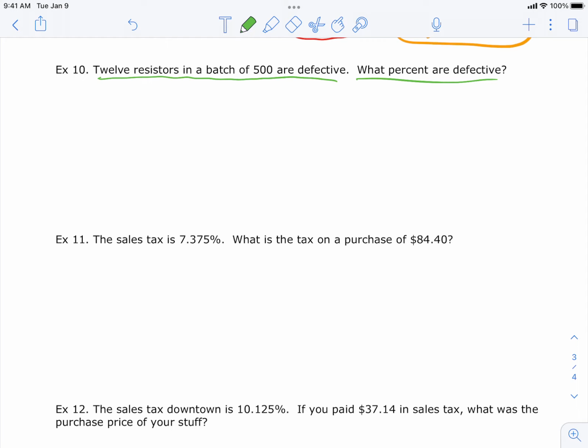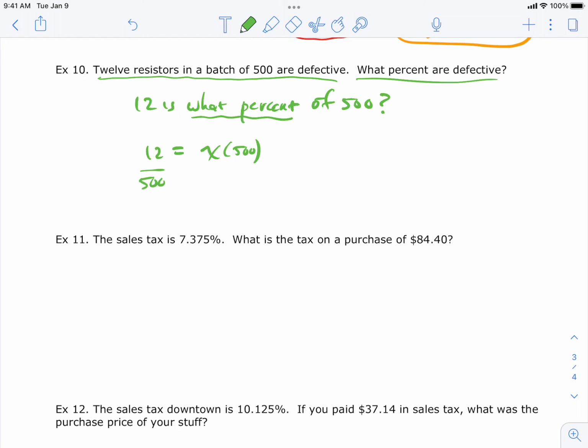Okay. So the question we want to ask here is basically 12 out of 500. 12 is what percent of 500? It's 12 out of 500 that are bad, but we want to know that as a percent. Okay, that's our little phrase. Here we go. 12 equals what percent times 500. Cool.